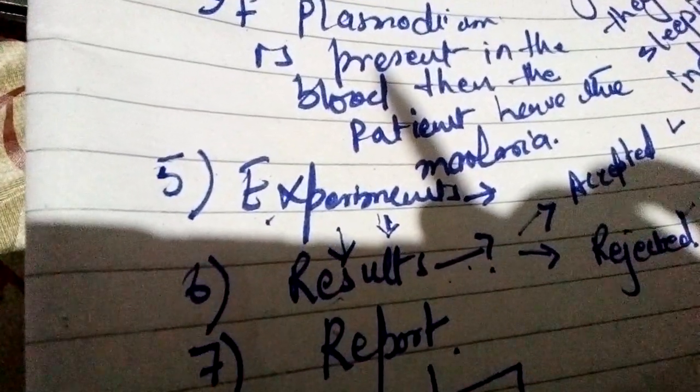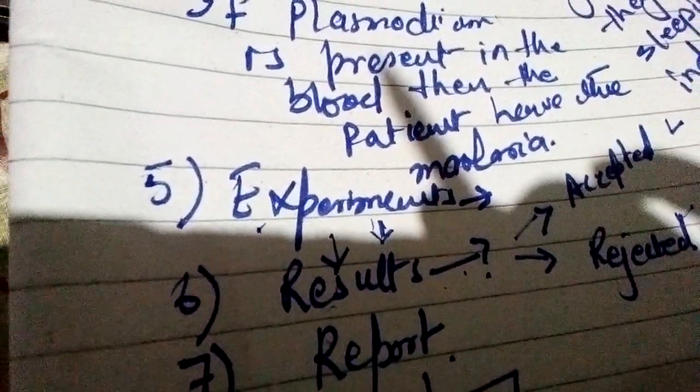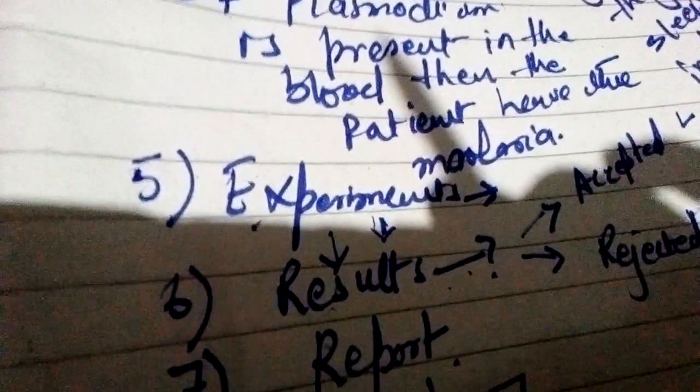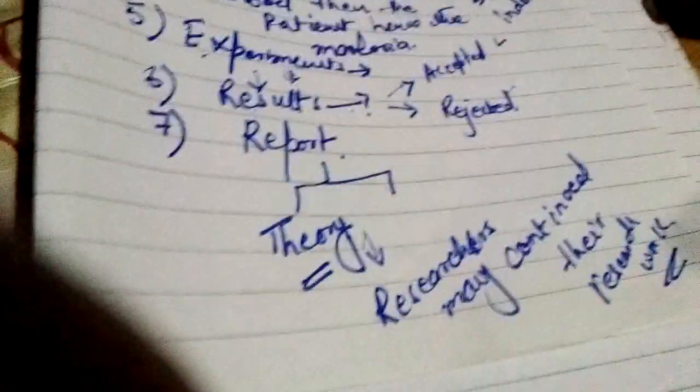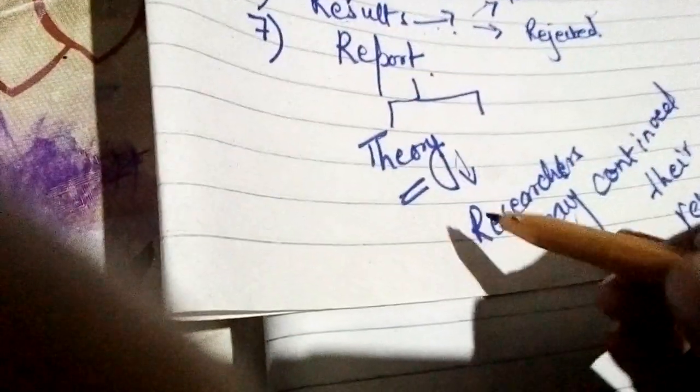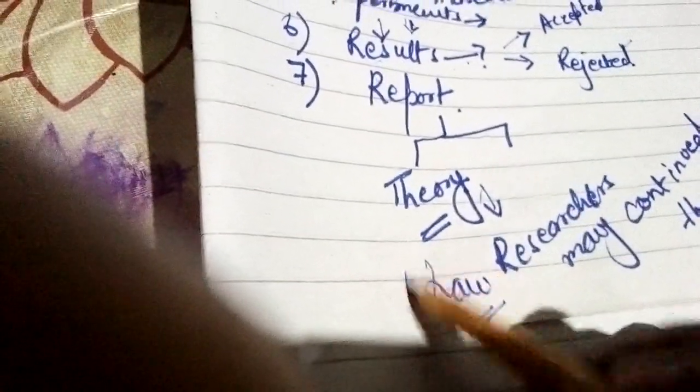Finally, if it is not rejected and is accepted by other researchers, then this theory becomes a law. A law which cannot be rejected.